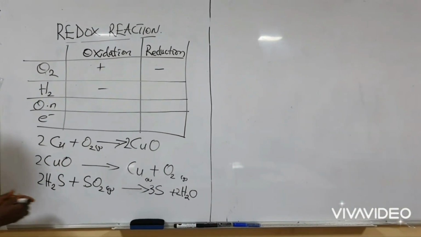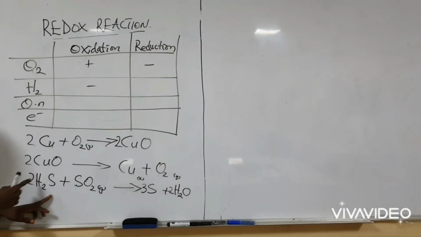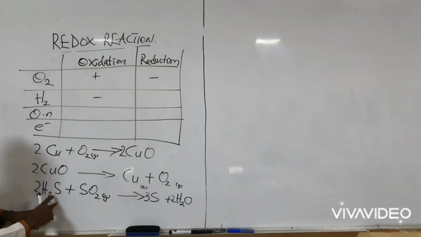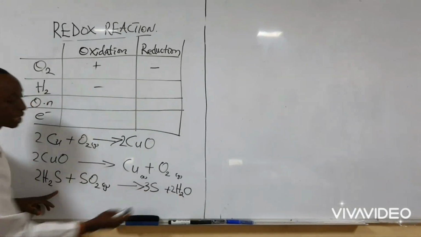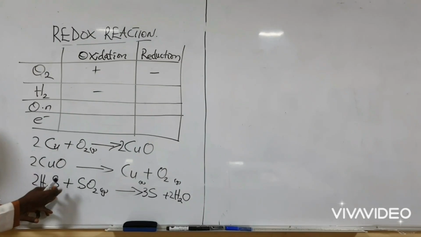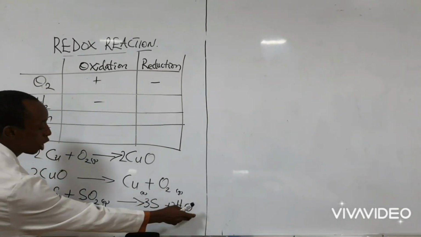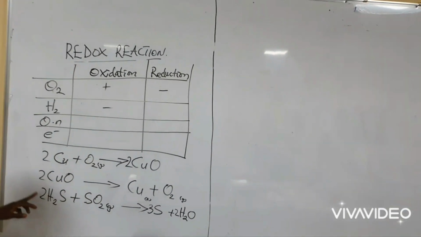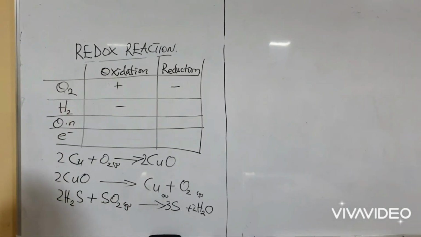Looking at this, hydrogen sulfide has hydrogen and sulfur together, but at the product side, you have sulfur and water being formed. So in simple terms, we will just say hydrogen sulfide has been oxidized to sulfur and water. Removal of hydrogen from a substance is what we call oxidation.